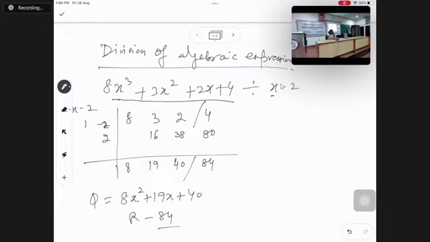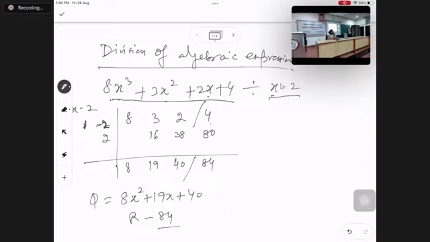So here write the coefficients 8, 3, 2, 4. We want to divide by x minus 2. Its coefficients are 1 and minus 2. The first term we neglect and we write minus 2. So it is, take the opposite sign of this. Opposite sign means minus 2 to plus 2. If it is 2, then minus 2, opposite sign.